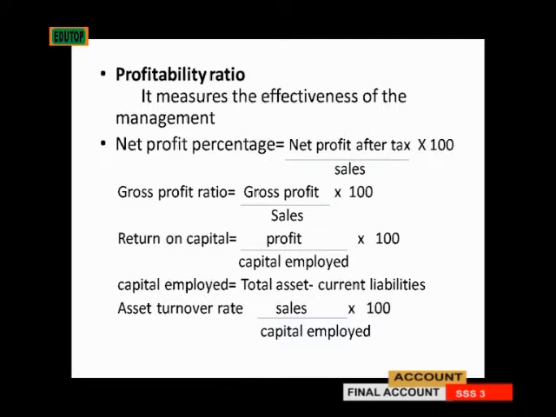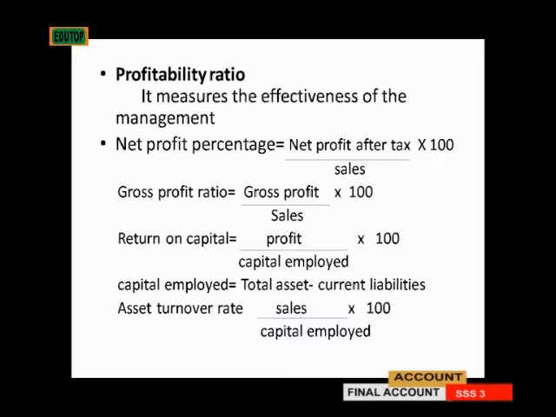Then we also have return on capital. Return is the same thing as profit. What are the returns when you put capital into business? The expectation is to have returns on that capital at the end of the day.